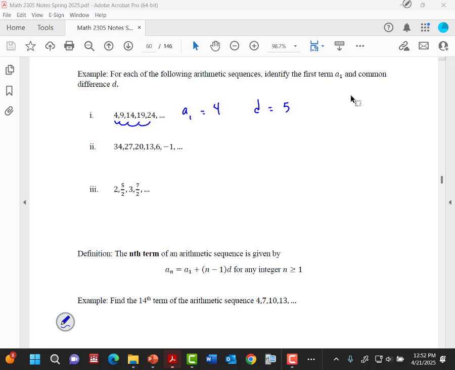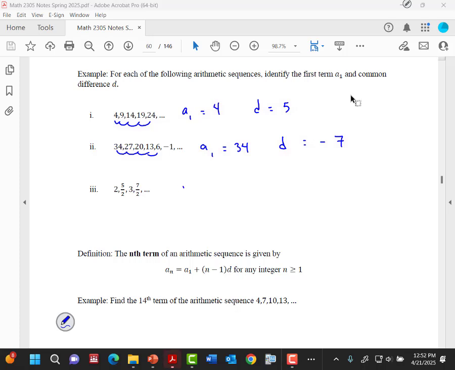In this second one, the first term, a1, is 34, and the common difference d is the difference between successive terms. Well, d in this case would be negative 7. Each successive term is 7 less than the previous one.